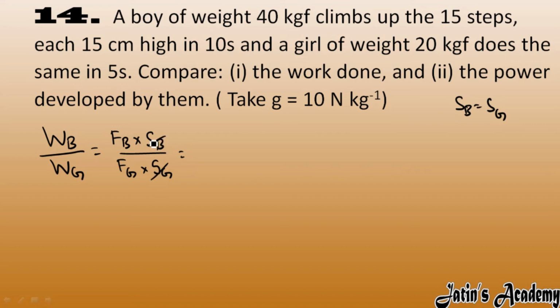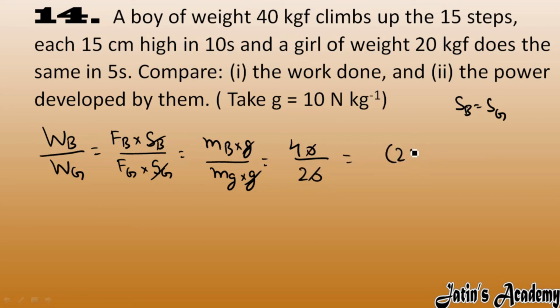Now force is mass into gravity, so mass of boy into G over mass of girl into G. Here G cancels out, mass of boy is 40 and mass of girl is 20. So simply we got the work done ratio as 2:1.